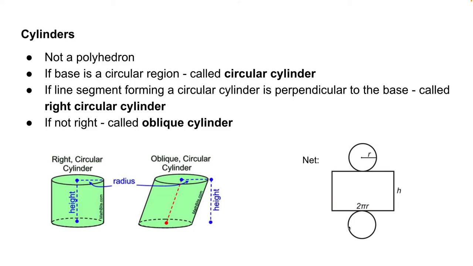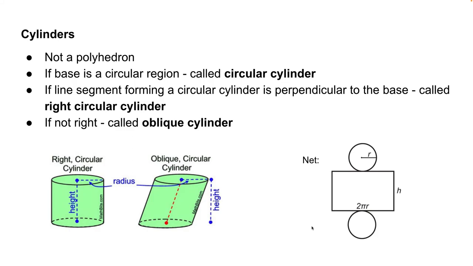Diameter is from one point on the circle passing through the center and going to the other side, right? So it's just double the radius. Okay, so 2 times r is the same as diameter, right? So 2 pi r is the same as pi times d, pi times diameter.